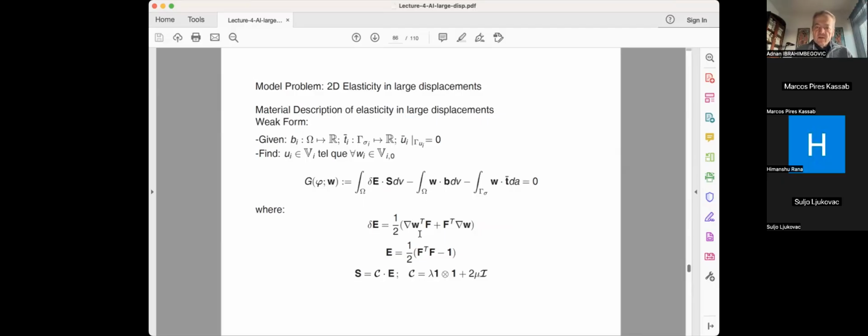Here you know that the Green-Lagrange strain is a nonlinear functional of displacement, in particular quadratic. When you take a variation, you still have a virtual Green-Lagrange strain that is a linear function of this displacement. So together you get some kind of cubic dependency on displacement.